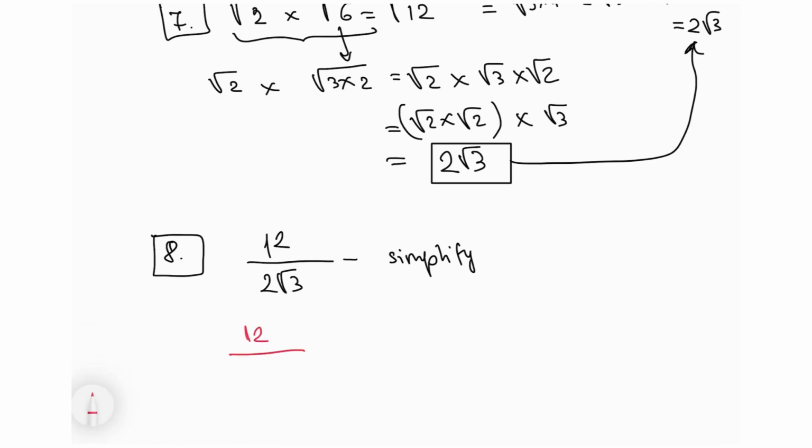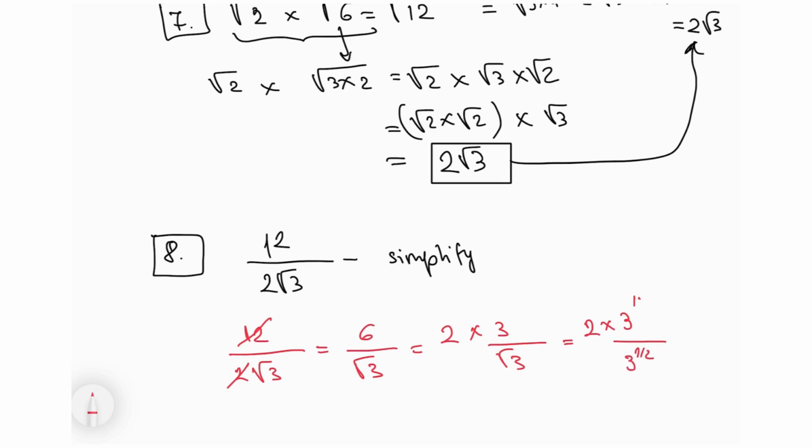So 12 over 2 square root 3 is, we can say 6 over square root 3, which is 2 times 3 over square root 3, which is 2 times 3 to the power 1 over 3 to the power 1 half, which is 2 times 3 to the power 1 minus 1 half, which is 2 times 3 to the power 1 half, and then we can just write as 2 square root 3.